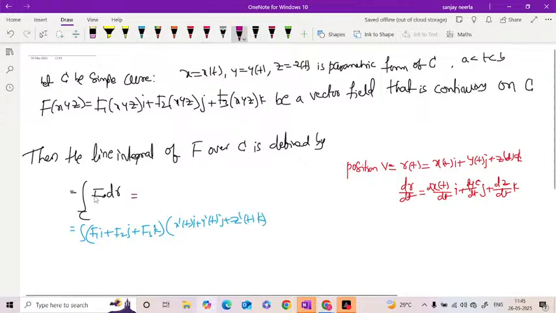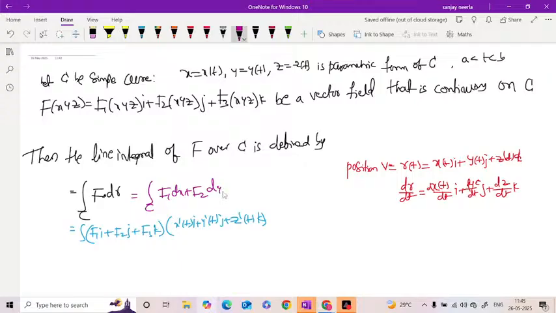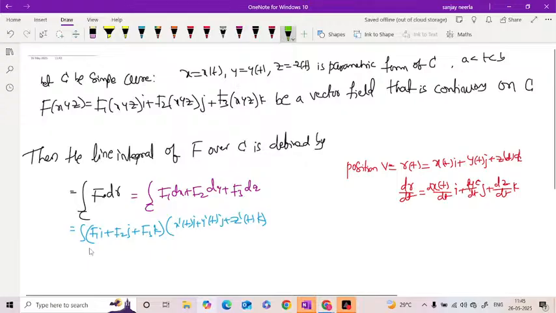Or we can write it like this also, after rewriting: F is equal to F1 i plus F2 j plus F3 k, and we can take the integral of F1 dx plus F2 dy plus F3 dz. You can write it like this also. Now after expanding, what will be the result? The integral on C means integral from a to b, because we are taking the parametric form of this curve.